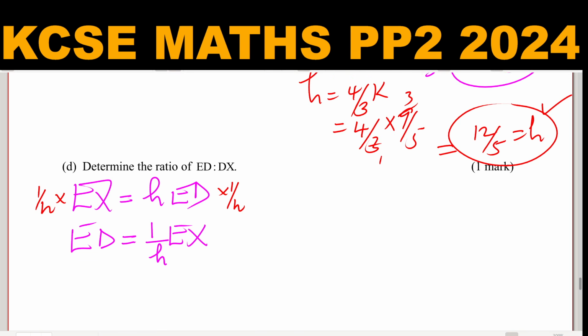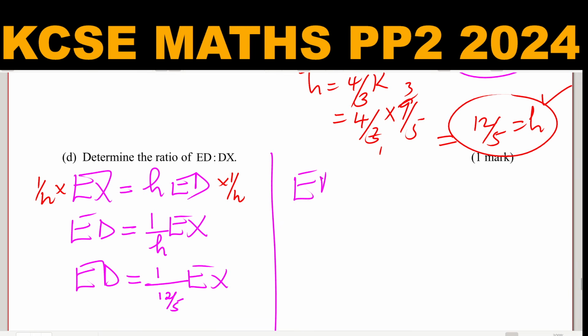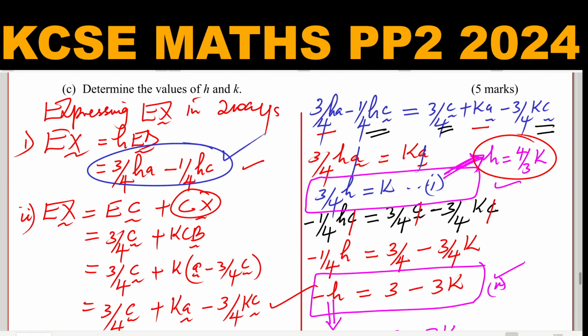And since we know the value of h, 1 divided by h is 12 over 5. So ED is equal to, when you work this out, 1 divided by 12 over 5, that will give 5 over 12 EX. This will guide you. So look at the diagram.